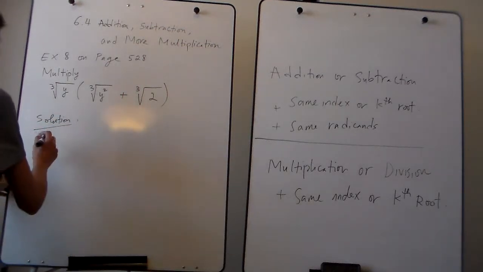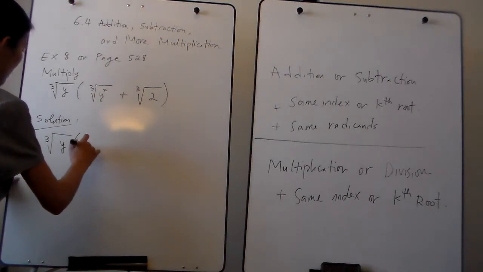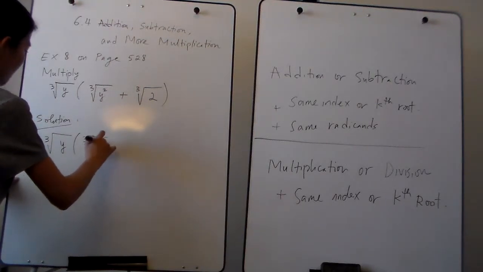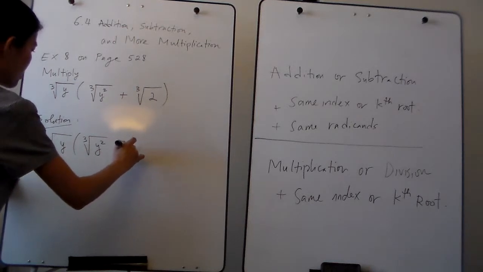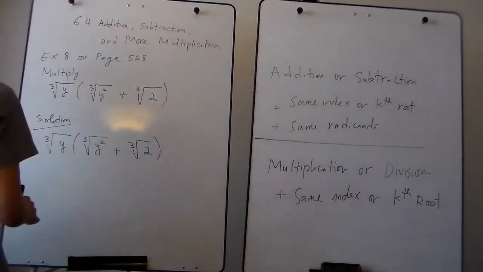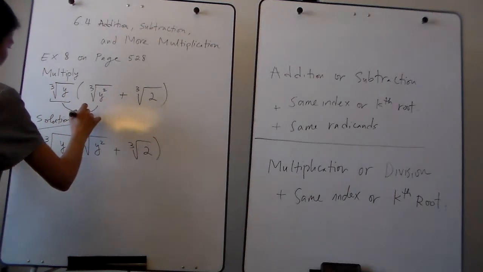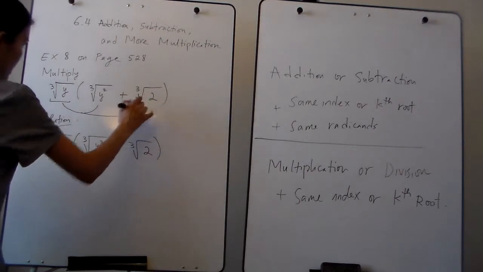So we have the cube root of y as a given, multiplied by the cube root of y squared plus the cube root of 2, and then I'm going to distribute. Take this, multiply this, and then take the same thing and multiply this.